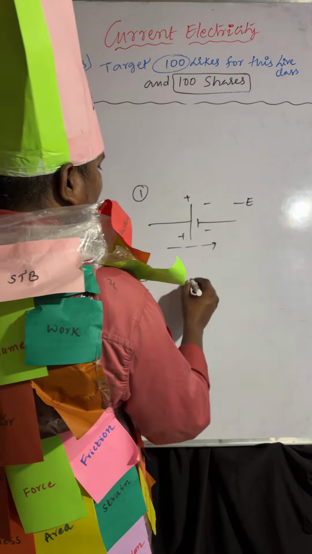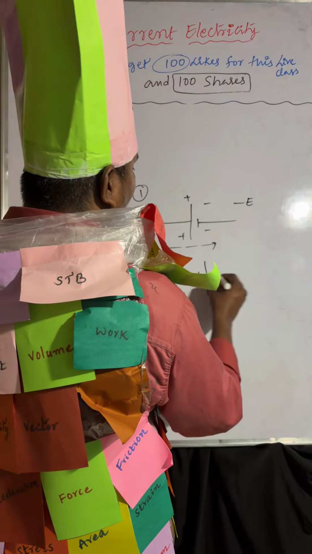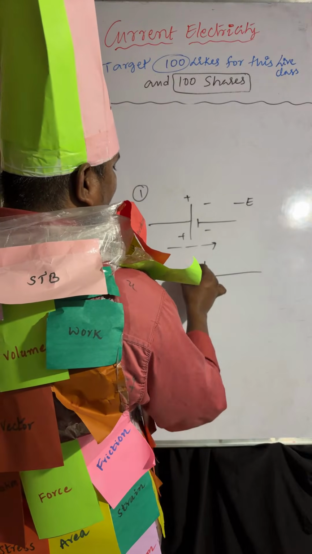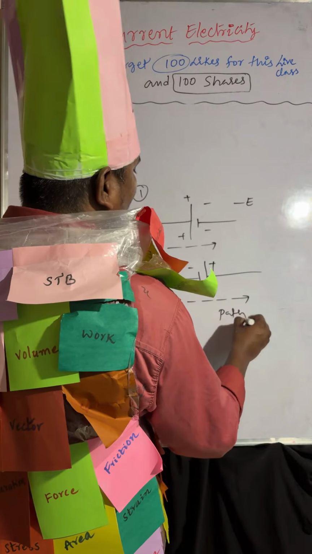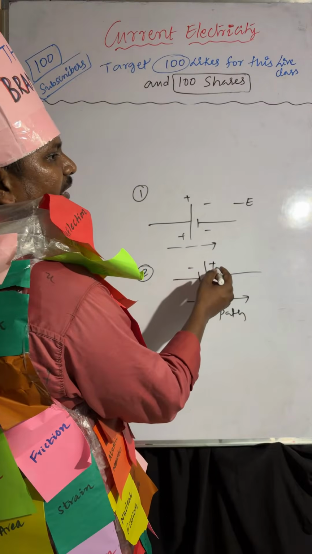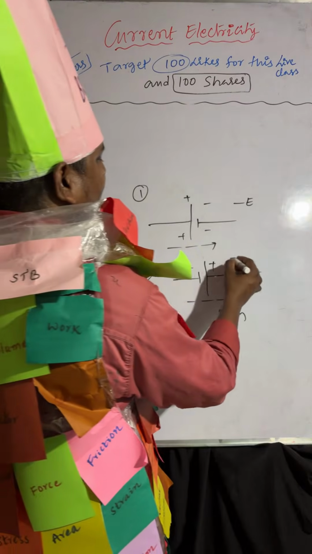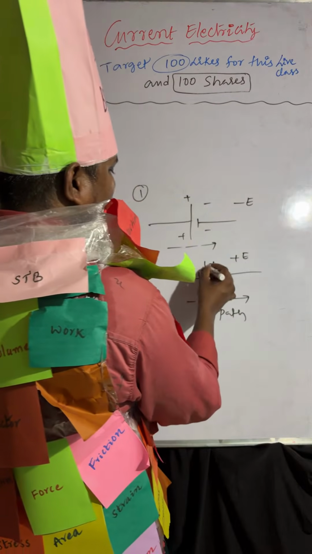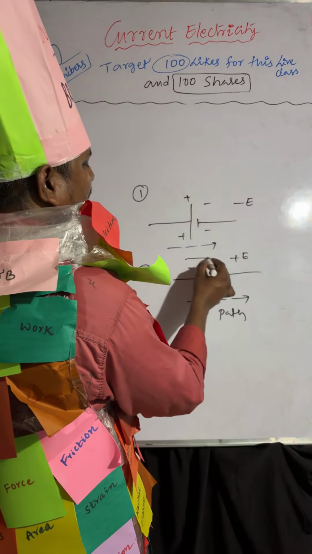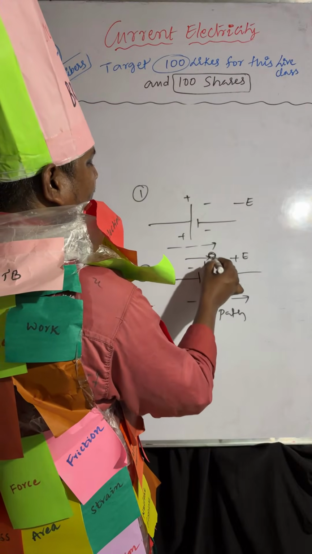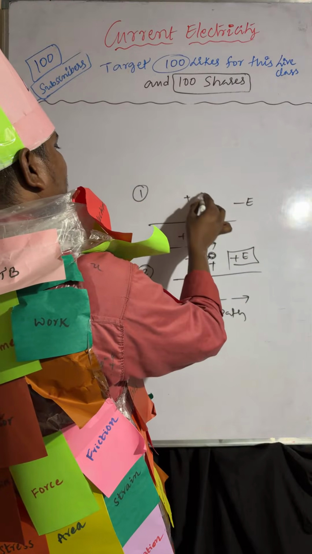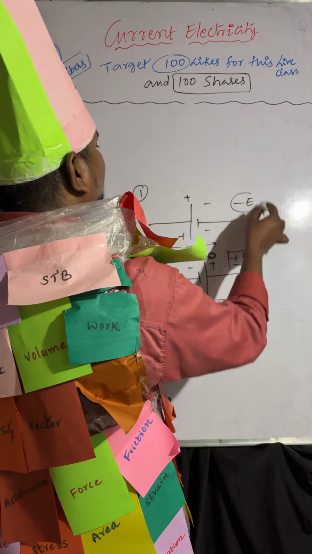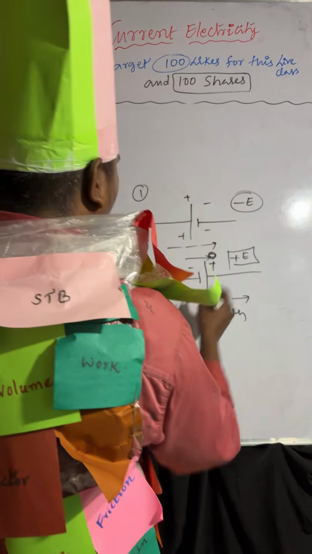Coming to point number two, if you are moving from negative to positive along this path, you are moving to the end point that is positive, so the EMF is positive. You have to take the end point, that is positive, so positive EMF. Here you are moving from positive to negative, the end point is negative, so that's why the EMF is negative.